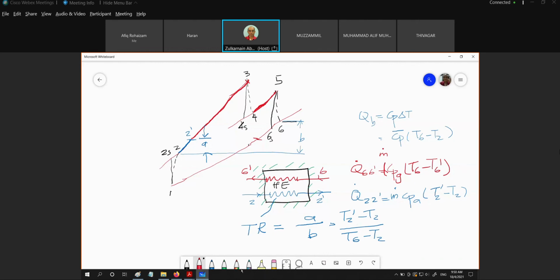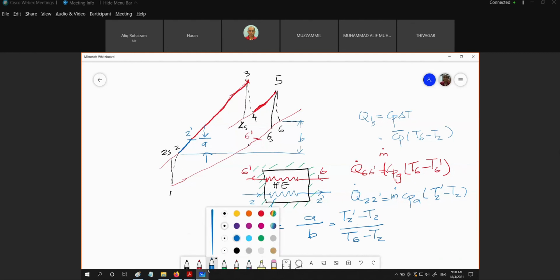So this should be our T6 prime. And we have another process right here that we have to sketch. What is coming out is actually 6 prime from the plant. The process 2 to 2 prime is the process of getting the heat from 6, and we get the thermal ratio, defined as A over B.